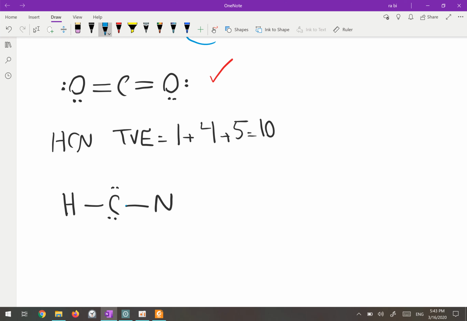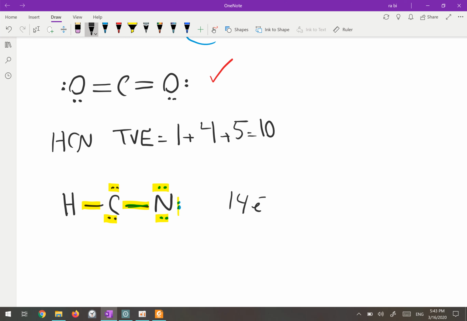The nitrogen 2, 4, 6, 8. So all of these atoms become octets. The hydrogen becomes 2. Now let's count the electrons that we have here. So 2, 4, 6, 8, 10, 12, 14. We have 14 electrons. So it means we have 4 extra electrons.